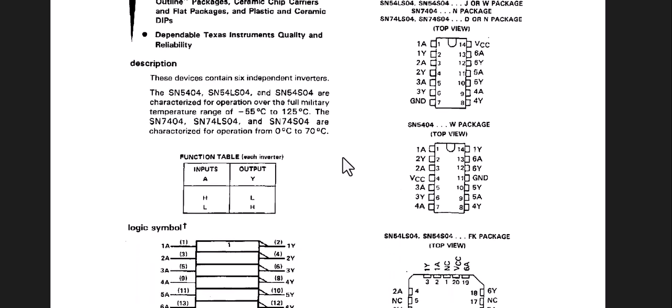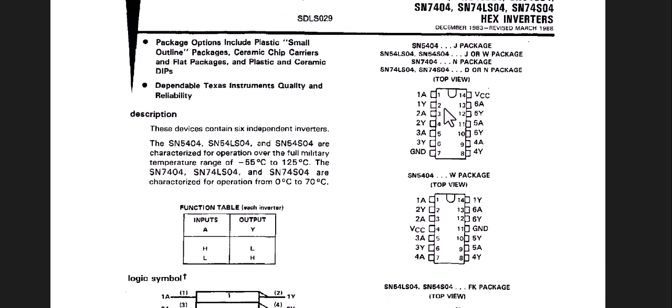Okay, so 4. The way this one works is pin 1 is an input and pin 2 is the output. So if I put an input into 1, then the output is the NOT of that.